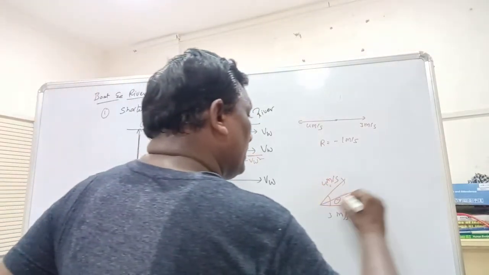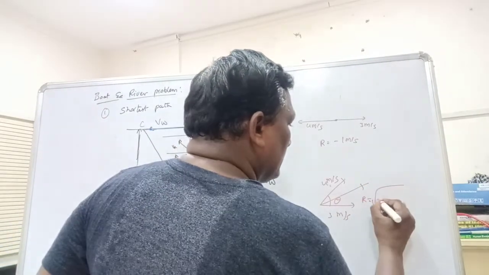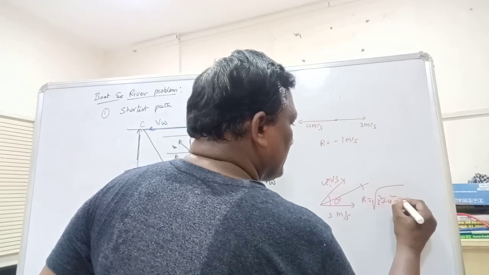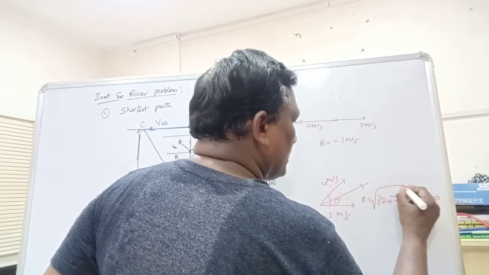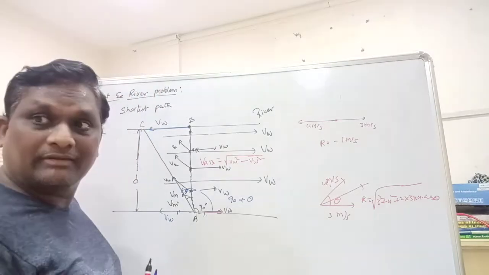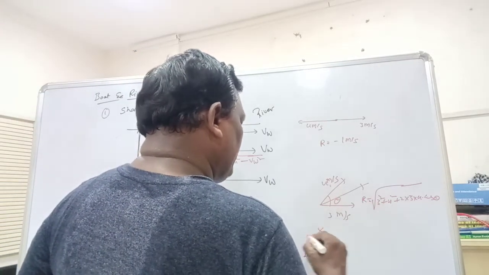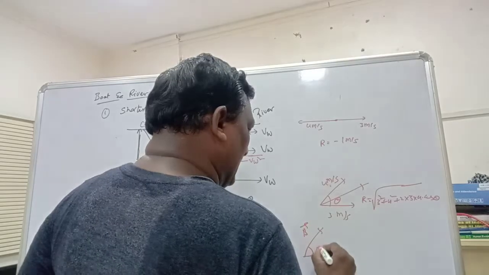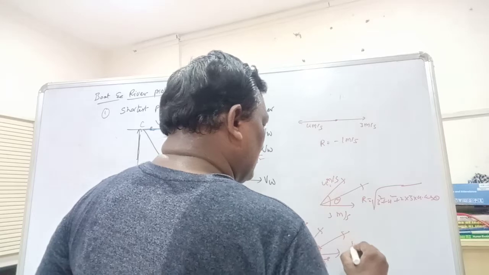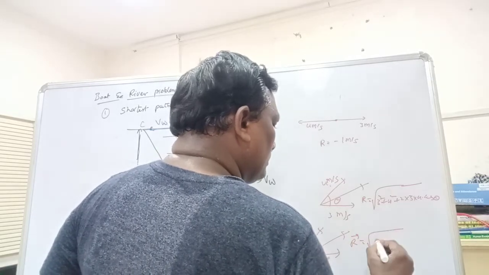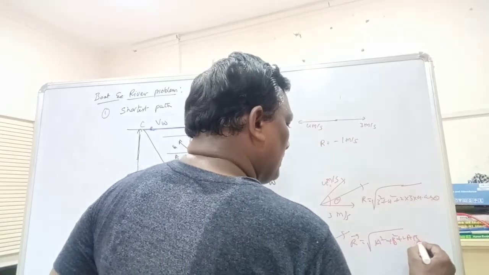Now the resultant you have to take: root over 3 square plus 4 square plus 2 into 3 into 4 into cos theta. In general, suppose it is A bar and B bar, making an angle theta. Then the resultant vector R bar is equal to root over A square plus B square plus 2AB cos theta.